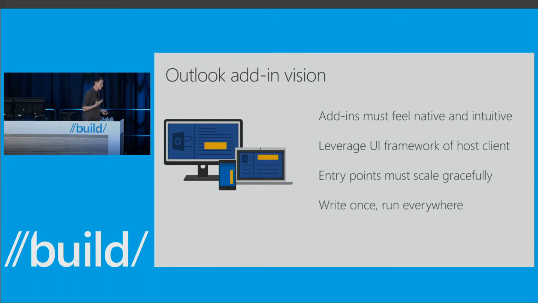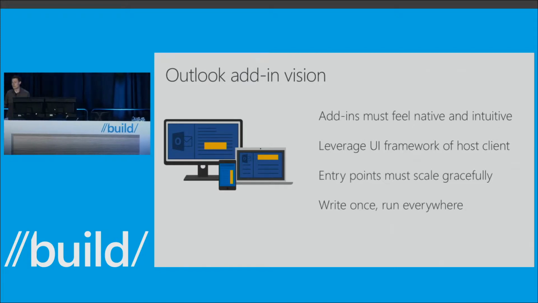The third one, which is one of the most important aspects, is that entry points must scale gracefully. We can't have a successful platform, we can't have a great platform if when users install an add-in or when developers build an add-in and then we ship an update of Outlook, we break an add-in.